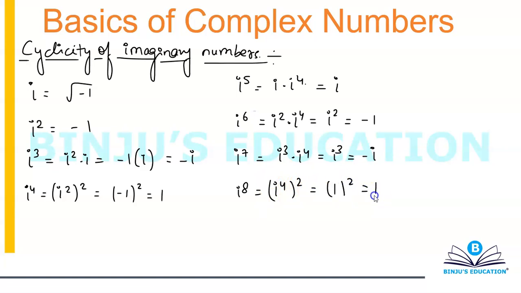Now what you need to realize here is that, observe the cyclicity. I have iota, then I have negative 1, then I have negative iota, then I have positive 1. Again I'm starting with iota, then negative 1, then negative iota, then again positive 1. So you can see that there's a cyclicity, which is equal to 4.